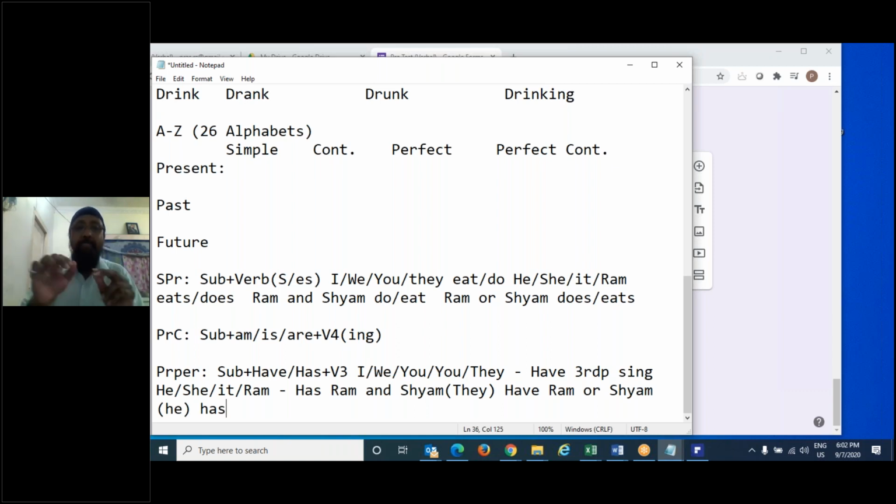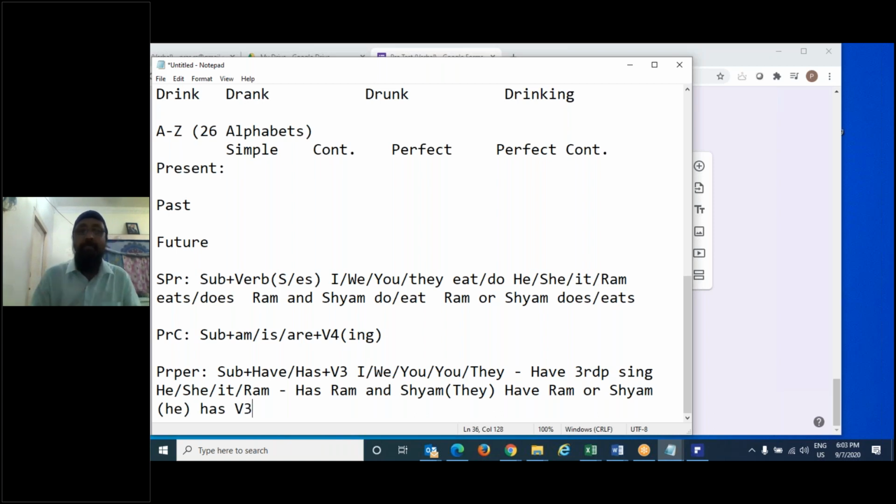Again, remember one thing very clearly. Whenever there is a helping verb, is, has, or have, followed by a subject, the action verb always accepts v3.